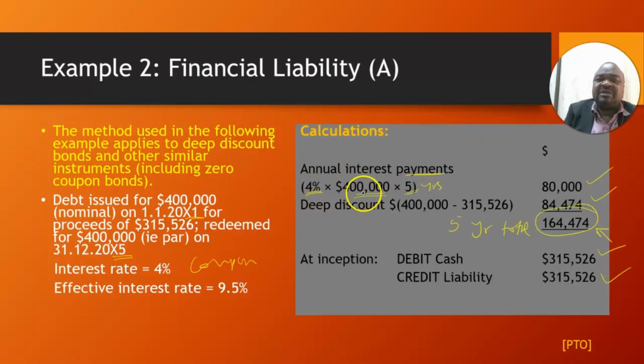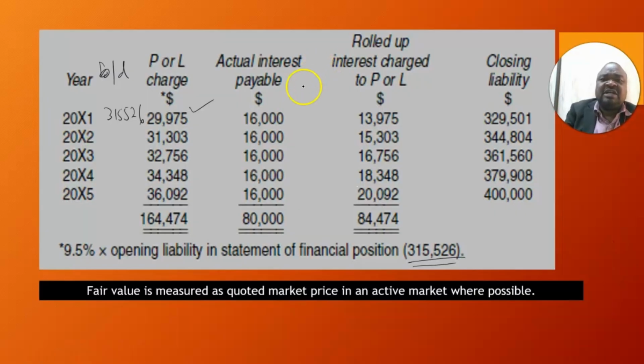Annual interest, that's 4% by 400,000, which comes to 16,000. So this is the 16,000. So we say 29,975 minus the payment. This is actually the payment, which is going to be constant throughout the interest payments: 16, 16, 16, 16, 16.